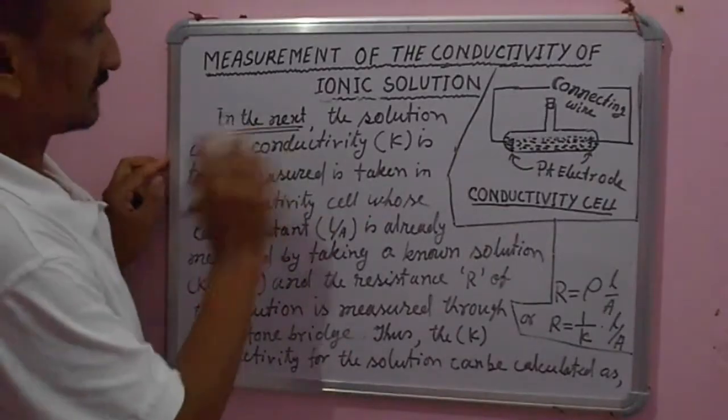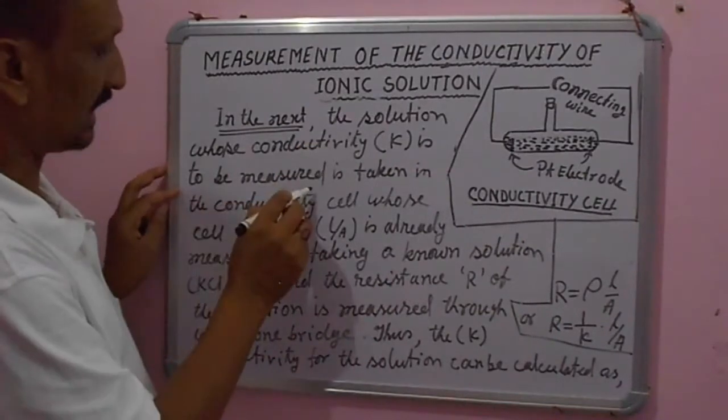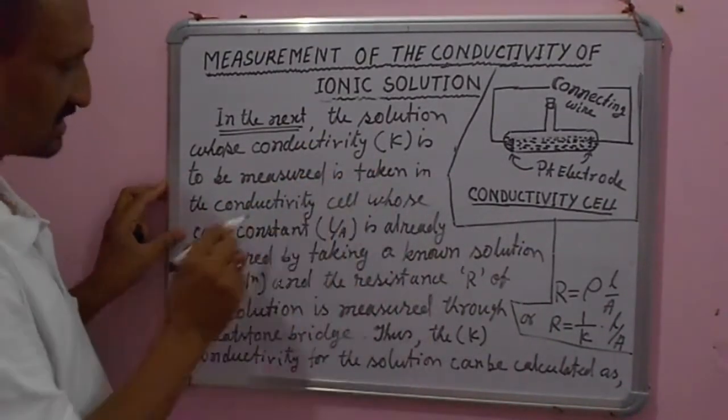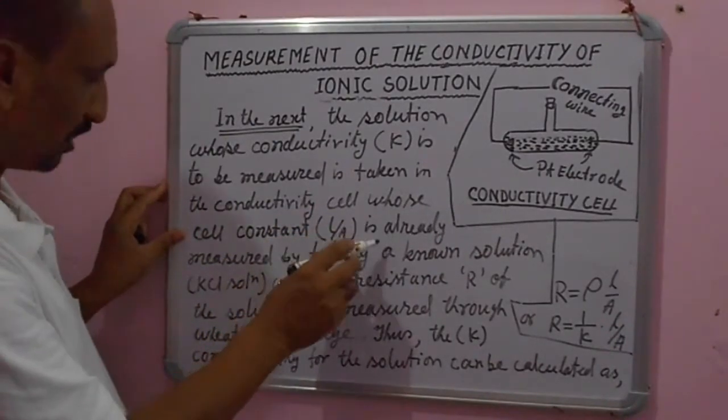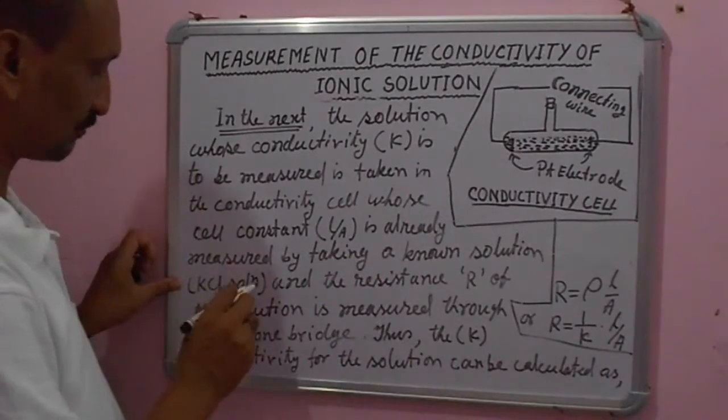in the next case, the solution whose conductivity kappa is to be measured is taken in the conductivity cell whose cell constant L by A is already measured by taking a known solution, that is potassium chloride solution.